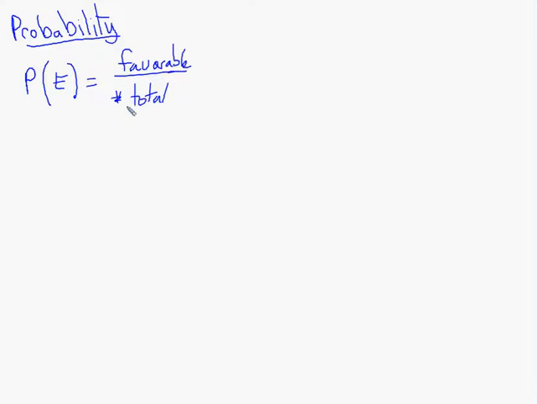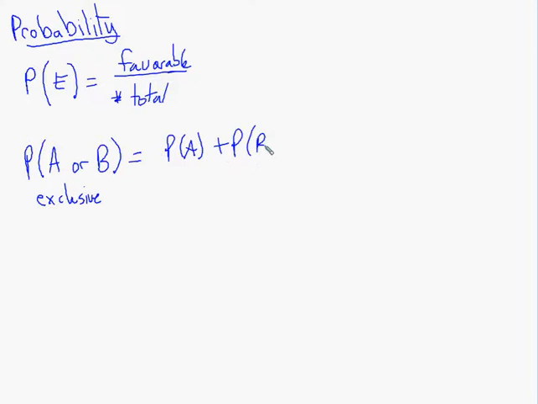Now, how we get here is going to vary depending upon the circumstance. So if I have two events, let's say probability of A or event B, and I say that these are exclusive events, meaning that they do not overlap in any way, I'm going to add the probability of event A to the probability of event B.